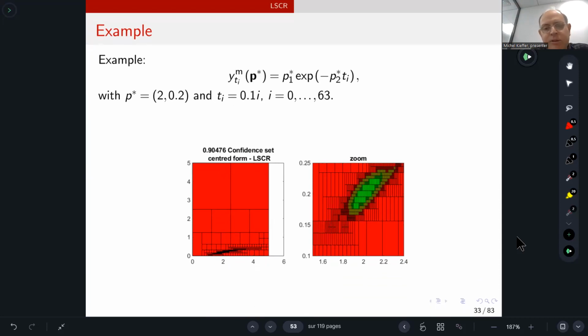The main difference with the previous approach is that I've made no assumption related to the Gaussian distribution, and I do not consider any assumption on the variance of the noise. So we are able here to characterize the confidence region without any assumption related to the probability distribution, except that it has to be symmetric.